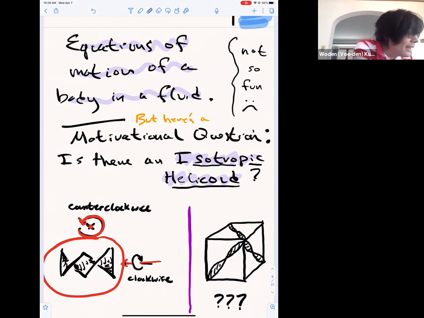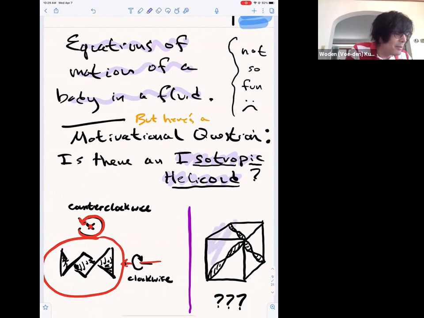Now, that's the non-example for an isotropic helicoid. What would be an example? It would be something that if you blew on it from all directions, it always turns in the same direction. It would be like a propeller that you could spin and it would work no matter what; it would always turn to the left or always turn to the right.